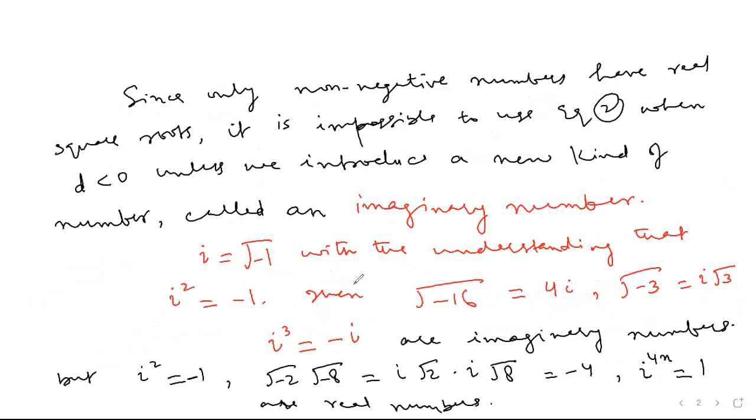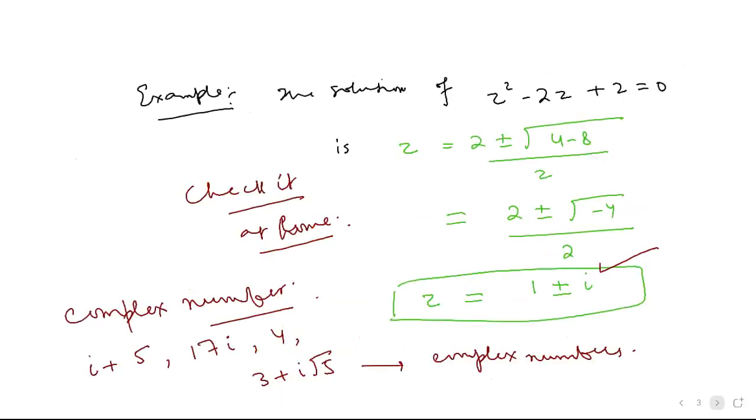So we introduced the iota, which is square root of -1, with the understanding that iota square is -1. Then we said square root of -16, square root of -3, or iota cube are imaginary numbers, and numbers like iota square, square root of 2 times square root of -8, or iota raised to power 4n, which is 1, are real numbers.